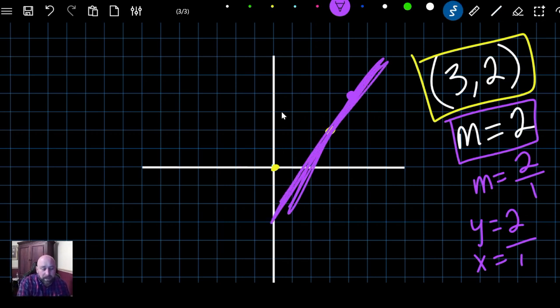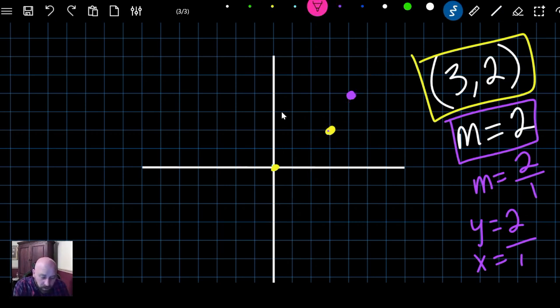Okay, and then notice that every other point is going to fall on our line. So let's say that we do this negative 2 over negative 1. Let's go down 1, 2, and over 1. Look, there we are on our line again. So in other words, this is all matching up.